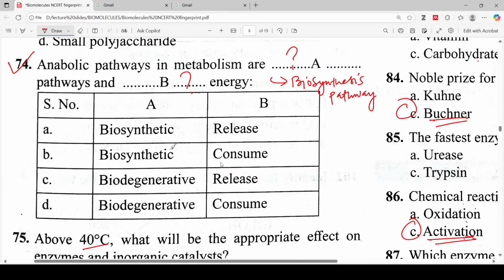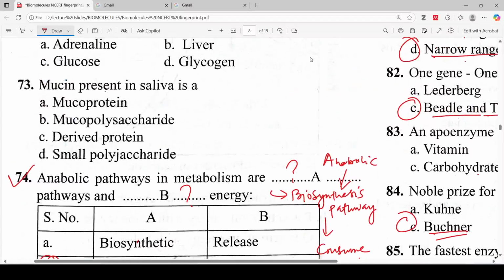It mainly consumes energy. So the correct answer for this question is option B. The anabolic pathway is a biosynthesis pathway and it consumes energy. Next question.